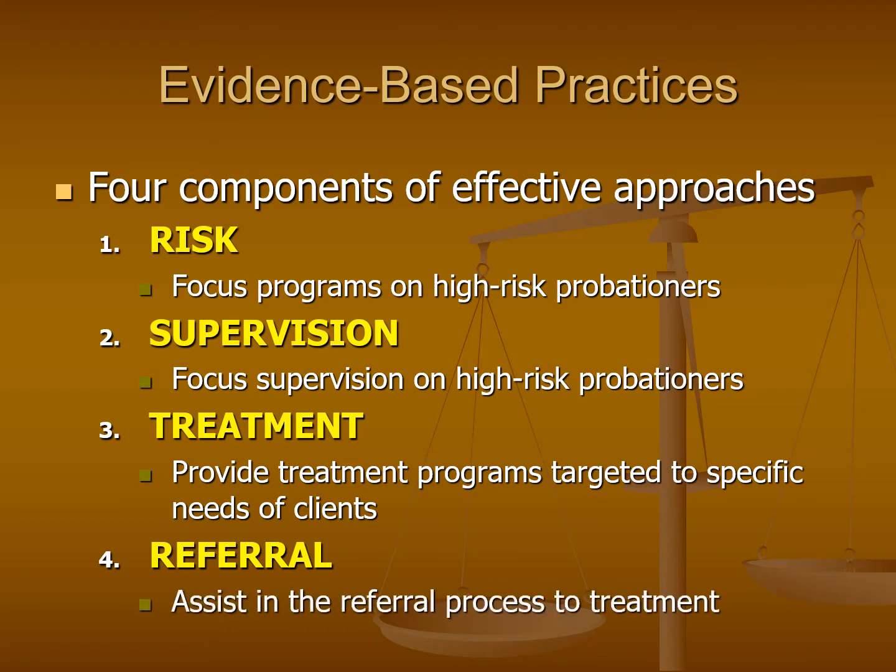And therefore, this is where the collaboration with other community agencies outside of probation, outside of the correctional system, is very effective. And therefore, we need to have this idea of referral. The probation department should be able to assist in the referral process to treatment, once again, with recognition of specific needs, as well as understanding levels of risk and supervision.